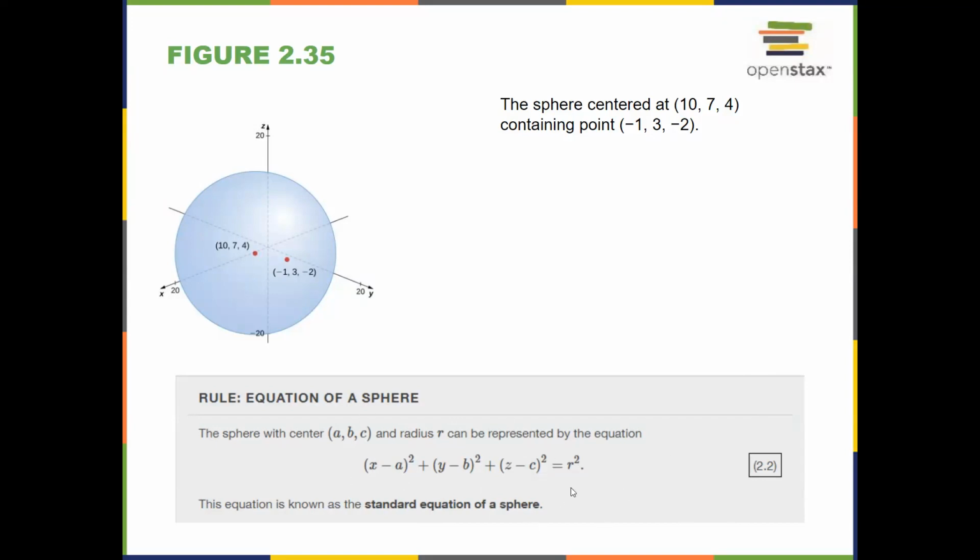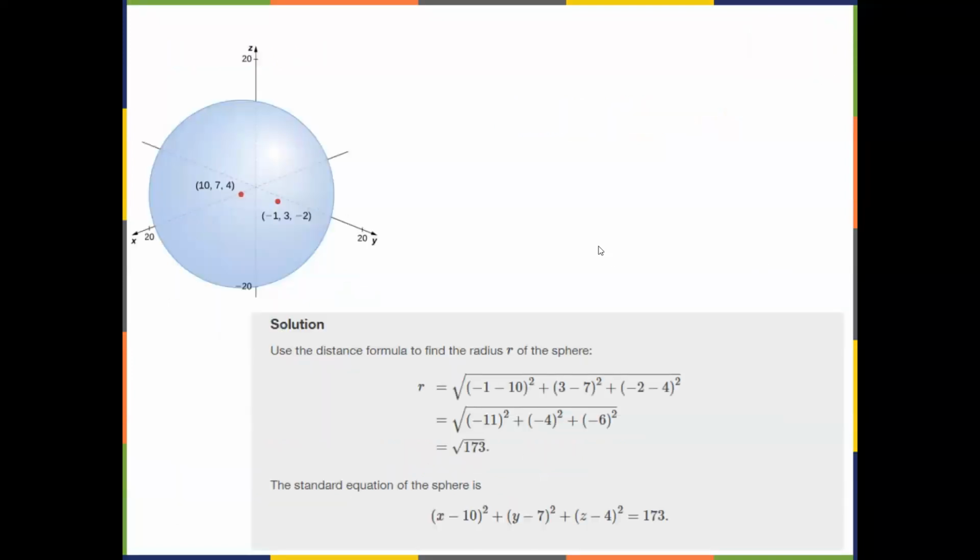So much like the equation for a circle, this should look kind of similar. It's just adding in the third component of the z. So yeah, we did have to at least find the radius. And then once we find the radius, we can write our equation.